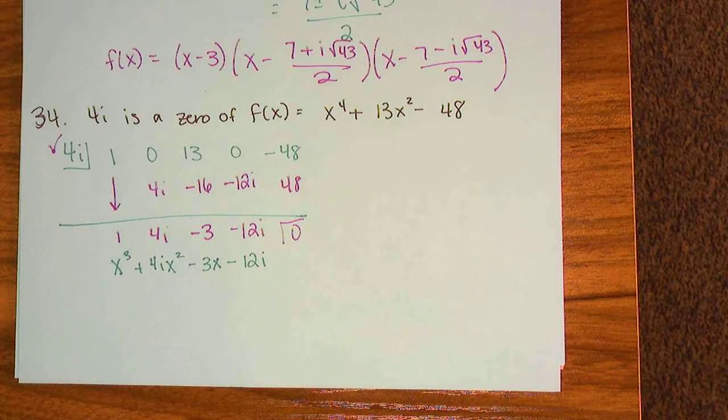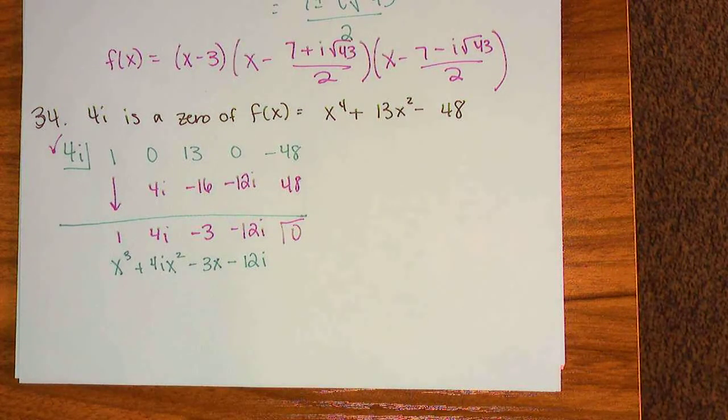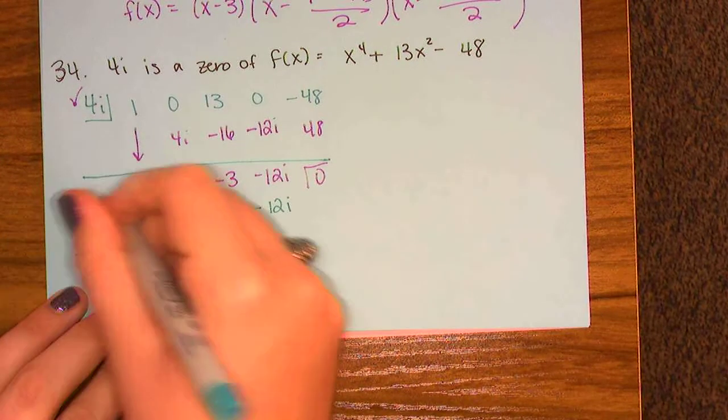What's another factor of this? Negative 4i. So now we can use this with negative 4i and do another one. And hopefully this will narrow things down for us a bit.